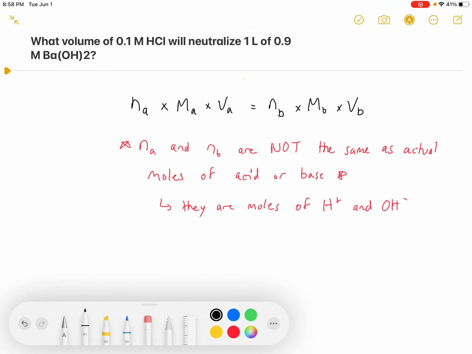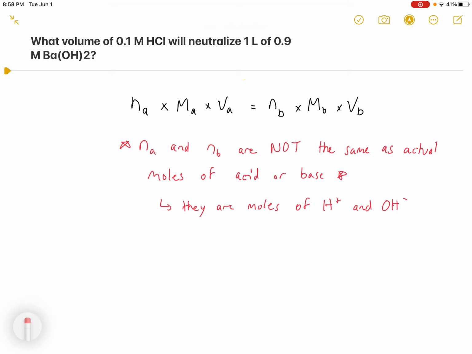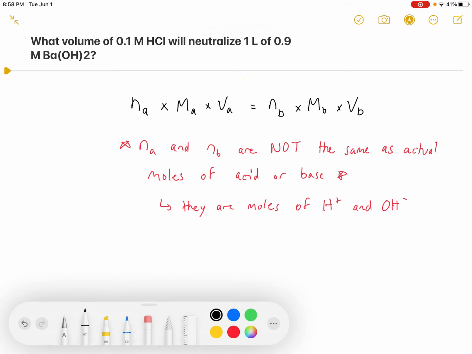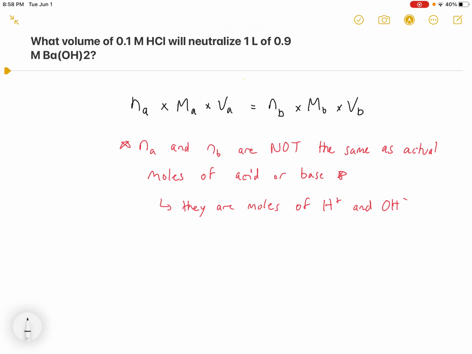Our next step here, now that we've identified the formula we're going to use and double checked some of the logic behind using it, is to set up a data list. I'm just going to list out all the variables and we can fill them in as we go.